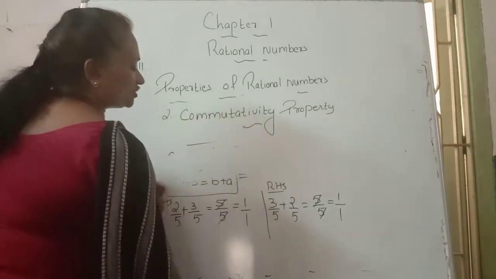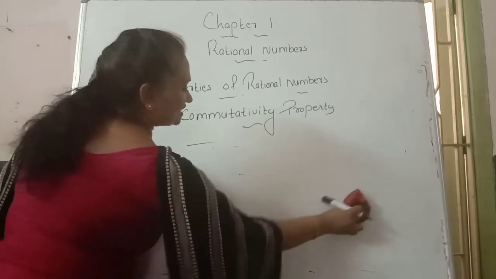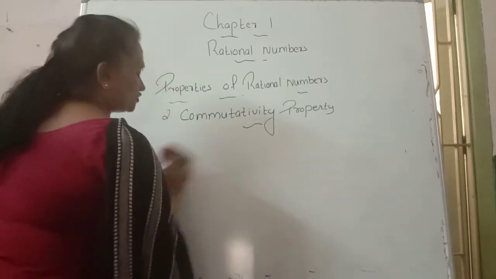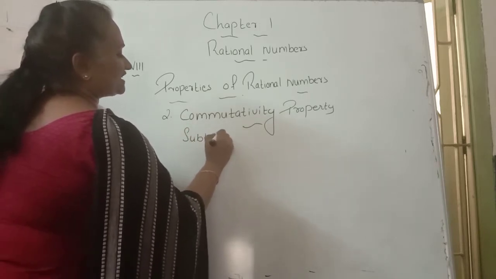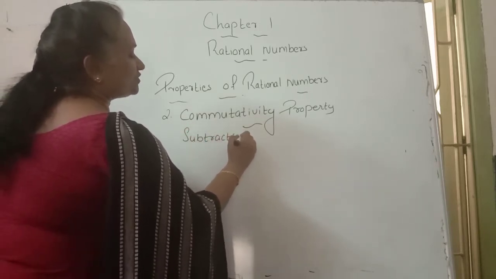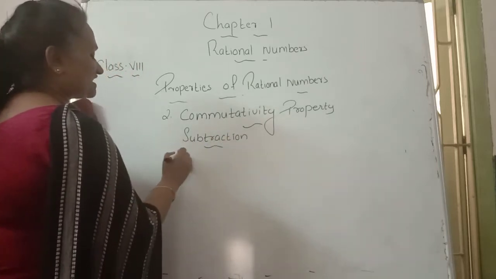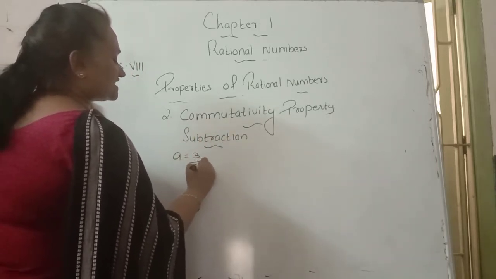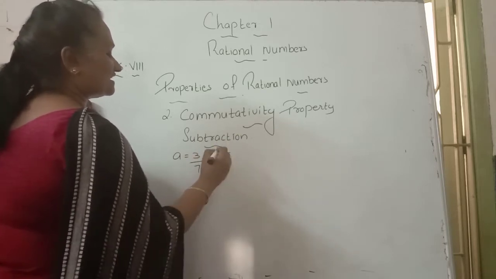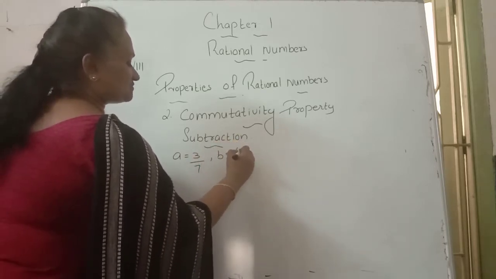Then next we are going to check the subtraction case. Is it possible or not? Subtraction case. Two numbers we take: a value, consider it as 3 by 7, and b value, consider it as 6 by 7.